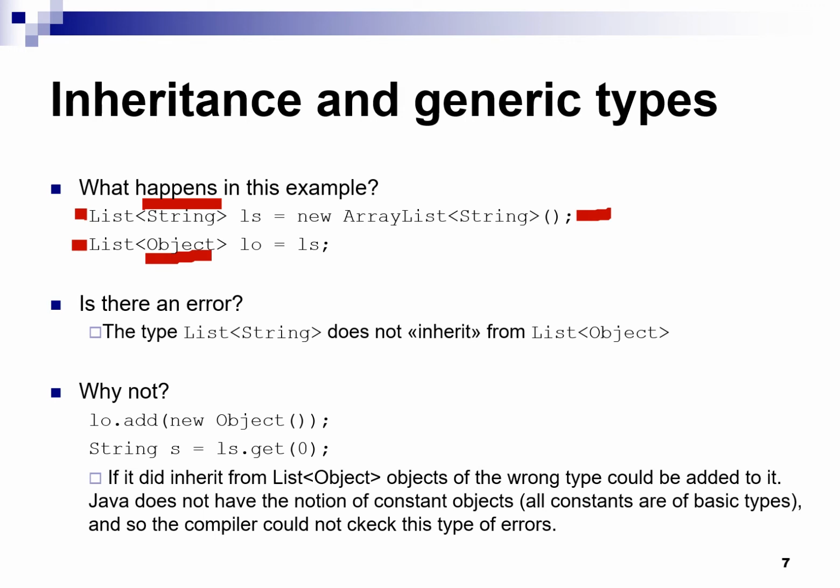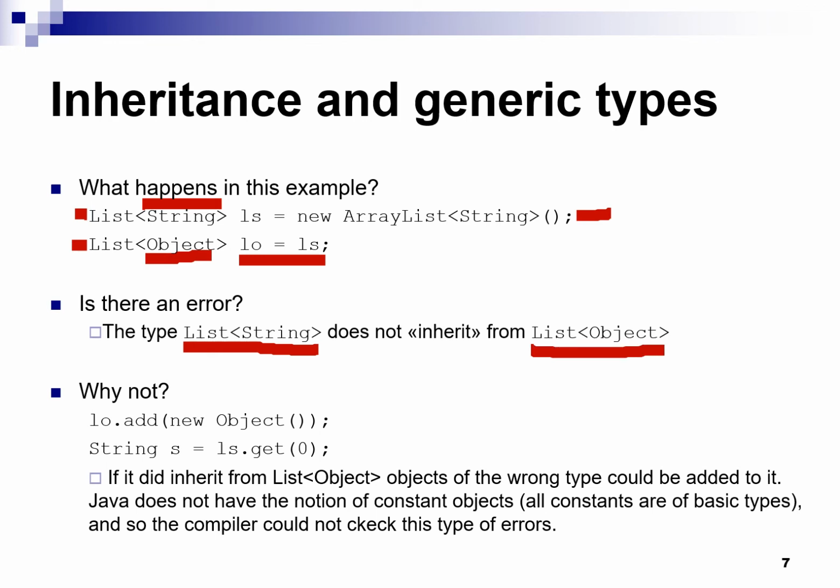A String could be assigned to an Object, but is it the case that the list of String can be assigned to a list of Object, like we are trying to do here? Let's think about this. There should be a type error. Well, there is, because even if String extends Object, List of String does not extend List of Object. It's not necessarily compatible, right?